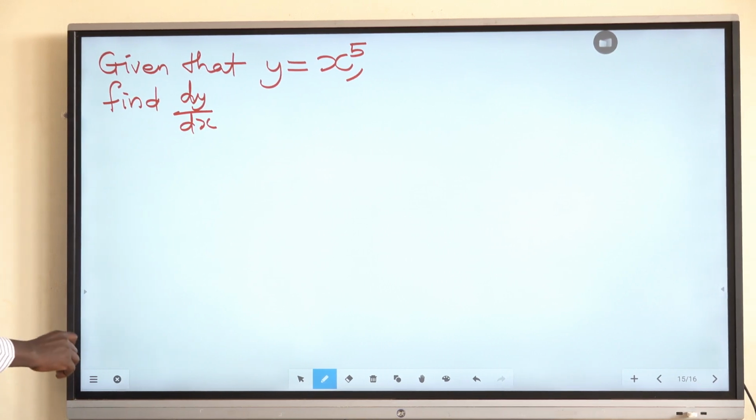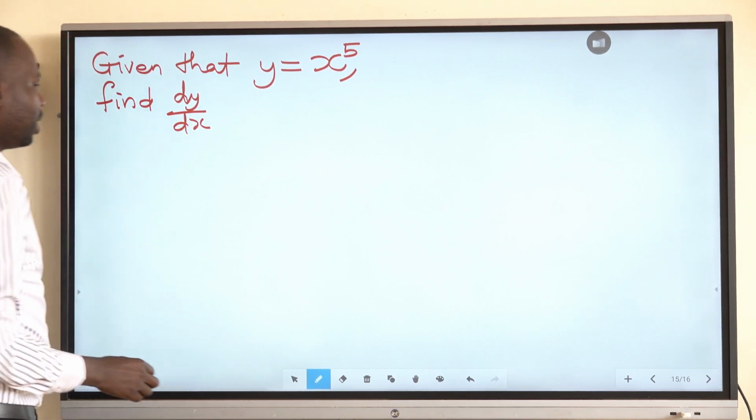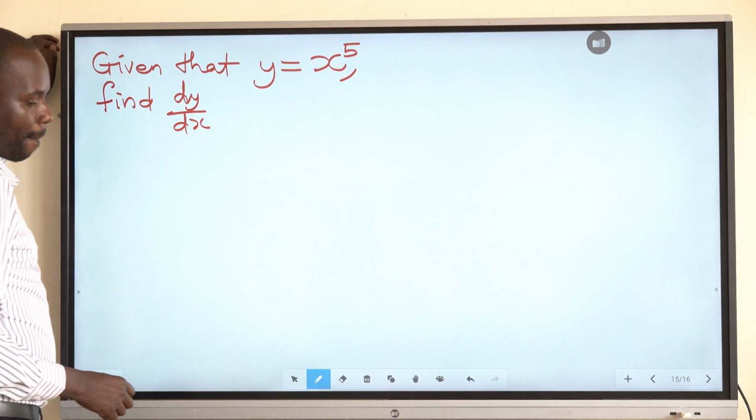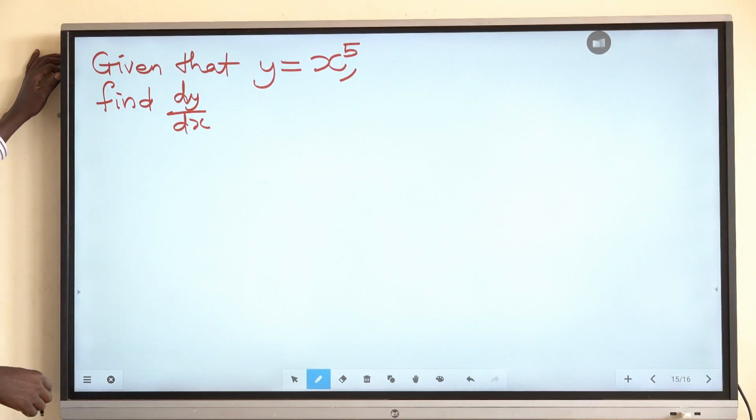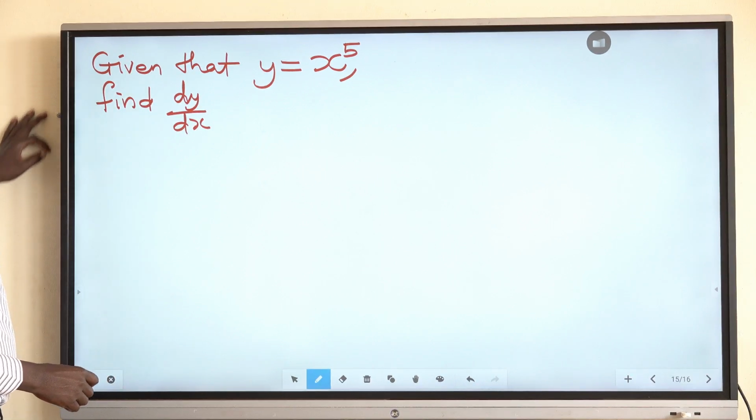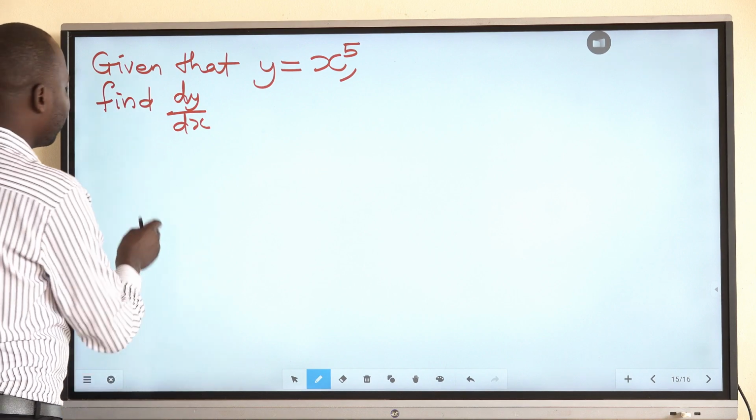This is very simple to understand if you have followed the rule that says multiply by the index and reduce the index by 1. So how do you work out this?